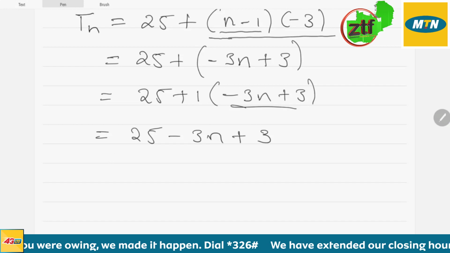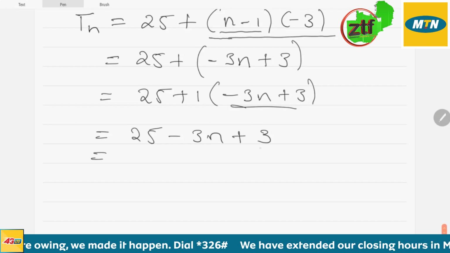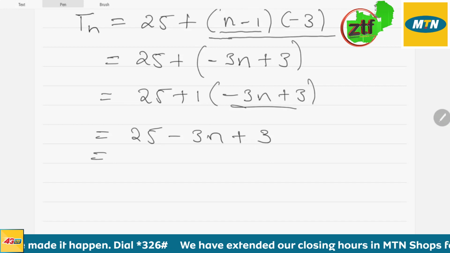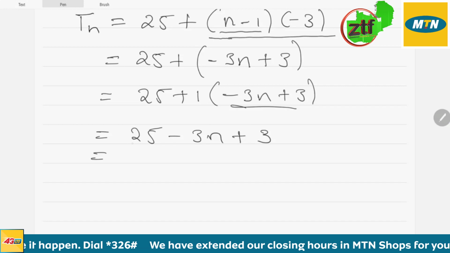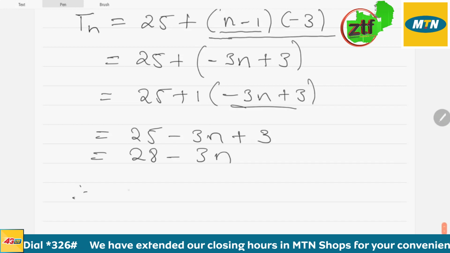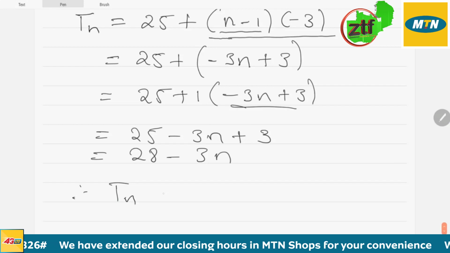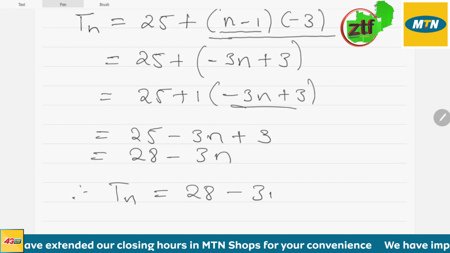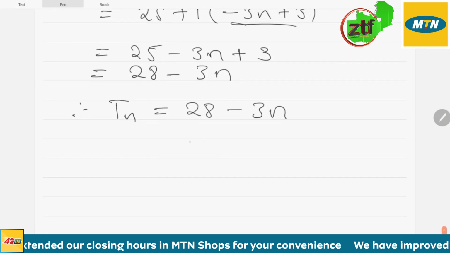So collecting the like terms, 25 can be added to 3. When I add 3 to 25, I will actually get 28, then minus 3n. Therefore, the nth term will be given by 28 minus 3n in this case.